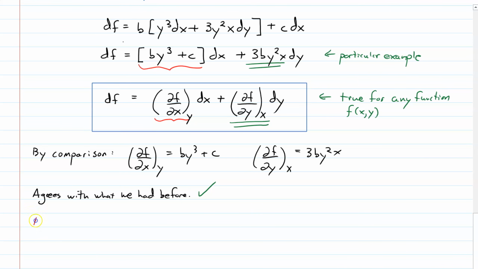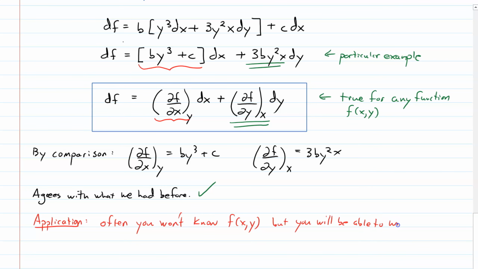So the application here, and this happens a lot in thermodynamics, is that often you won't know f of x and y, but you will be able to write down a differential like the one in the blue box: df is equal to something times dx plus something times dy.